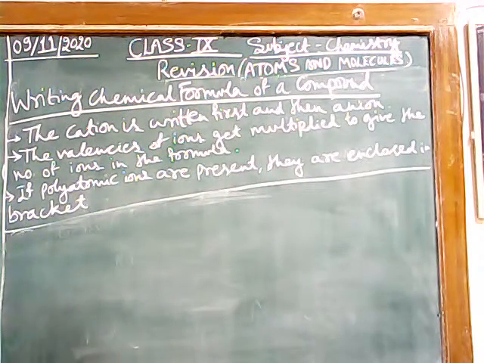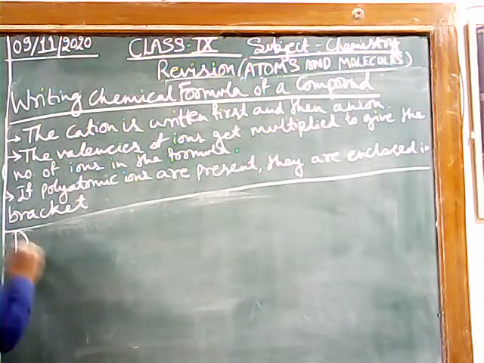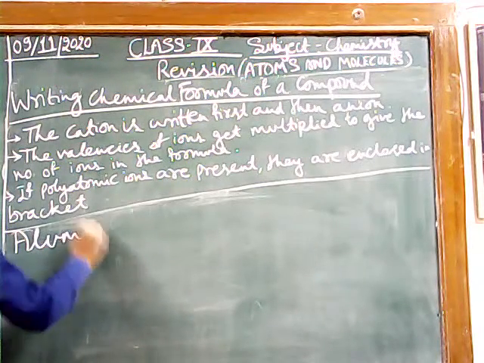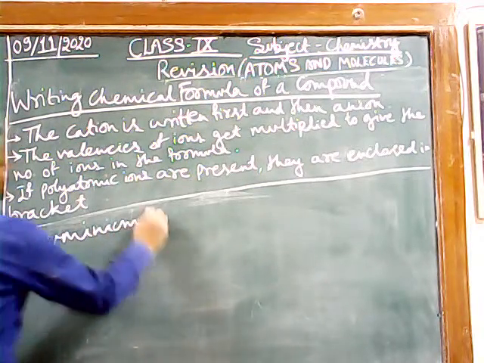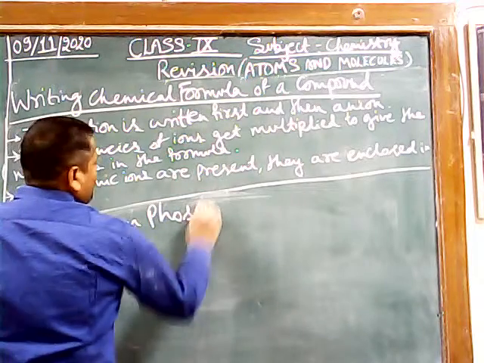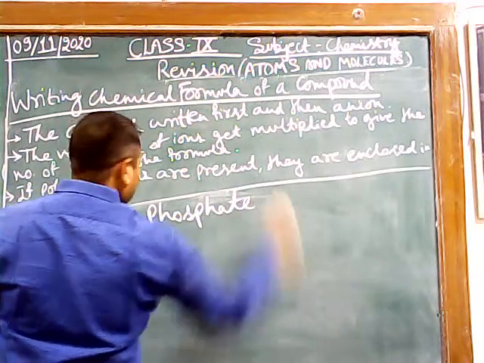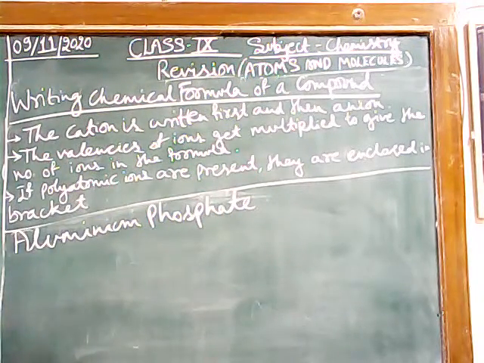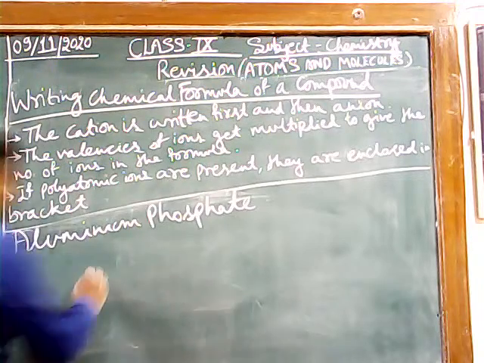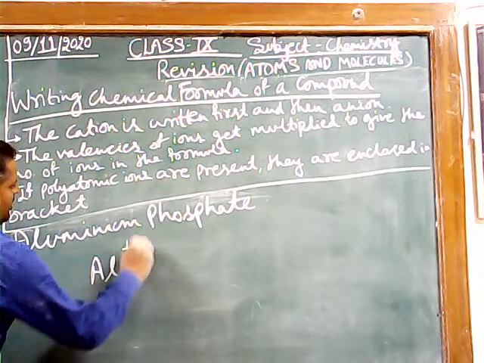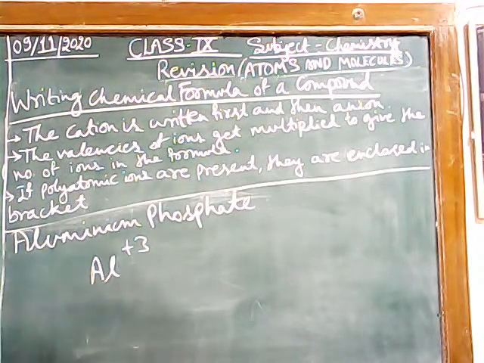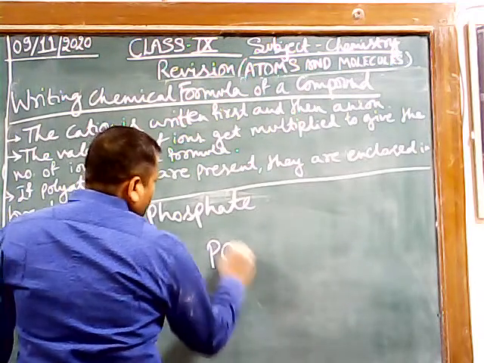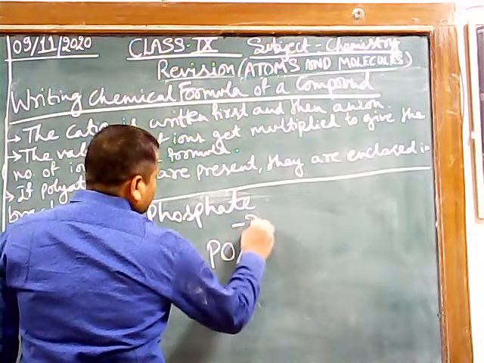This is aluminium phosphate. See, there are two ions, aluminium +3, phosphate PO4 -3.